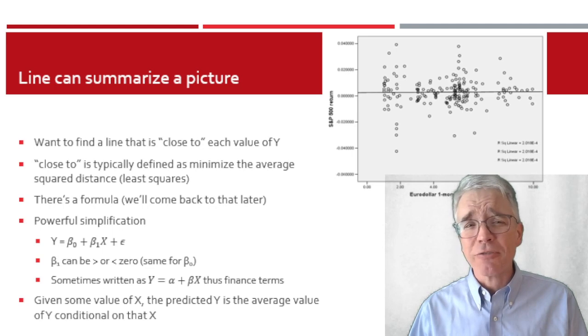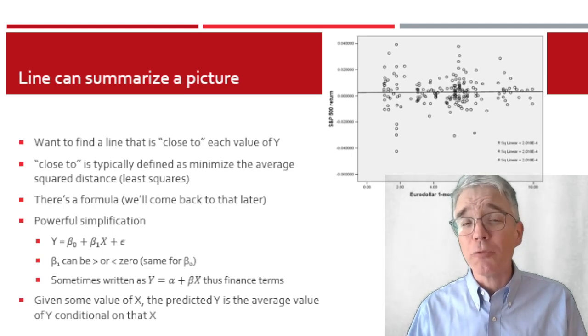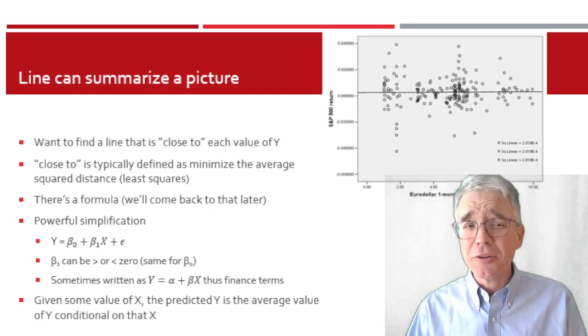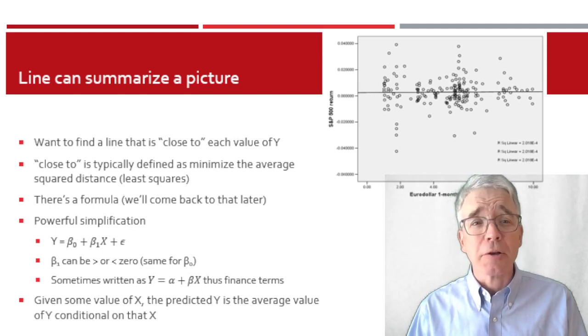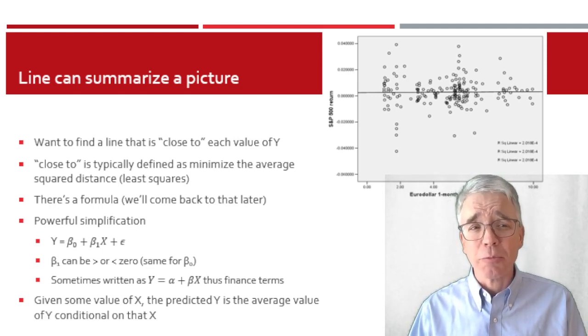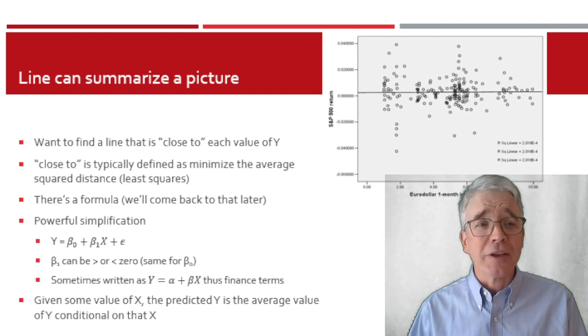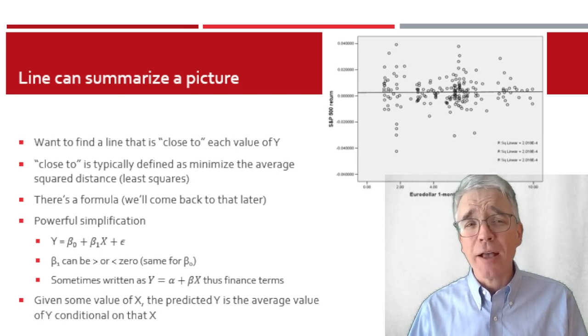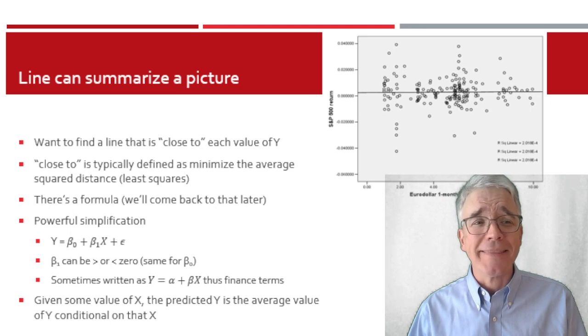If it's an index fund, then alpha is going to be hopefully close to 0 and beta close to 1 to replicate the market. On the other hand, if you have a completely risk-free portfolio, then beta is 0. Market goes up, market goes down, you still get the exact same alpha return. But this is not a finance class, so we'll go back to the more general case. Given some value of x, the predicted y value is going to be the average value of y conditional on that x.